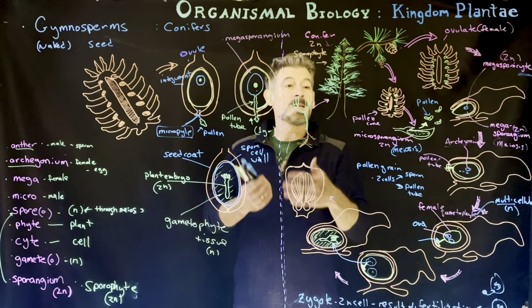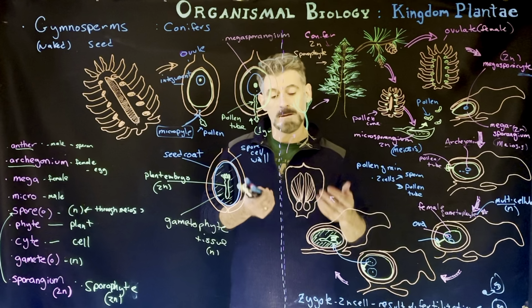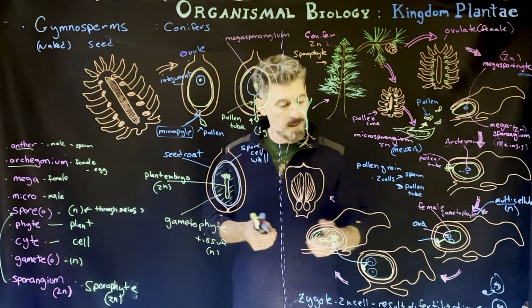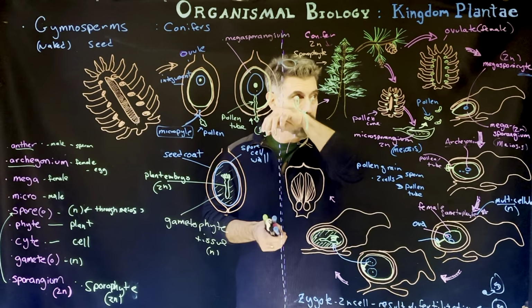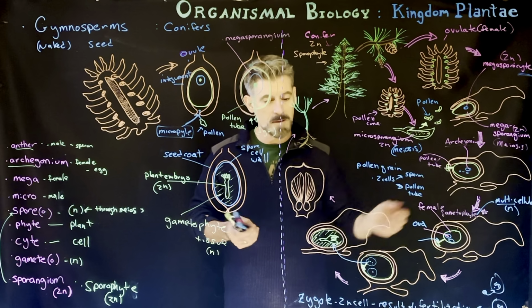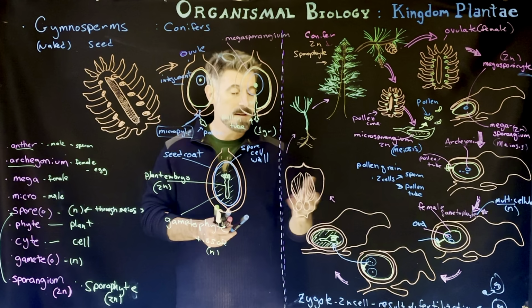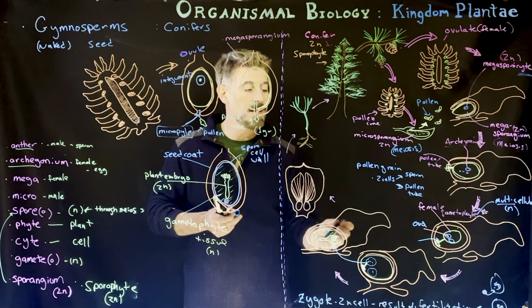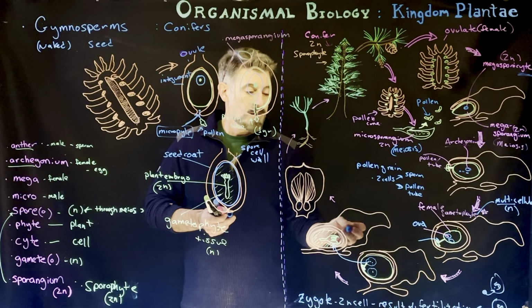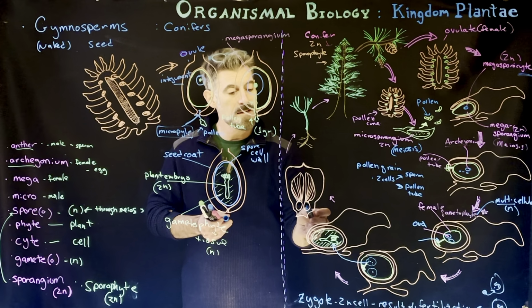And in this particular case, we also refer to it as the sporophyte plant, because it's the 2N plant, and it's going to be the sporophyte generation that will eventually produce the spore structures and cells and so forth. Typically in these plants as well, in the scale, you'll usually have the ova continue to develop into the seed itself.